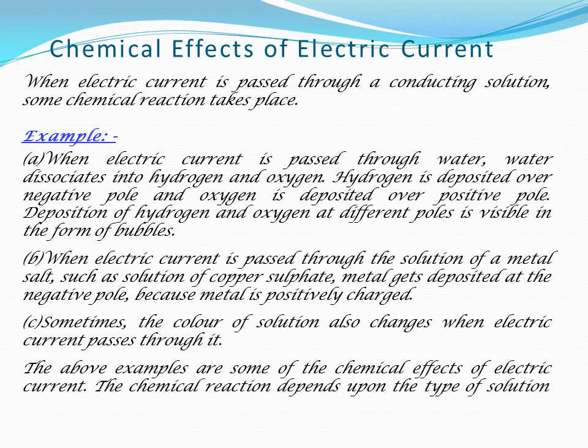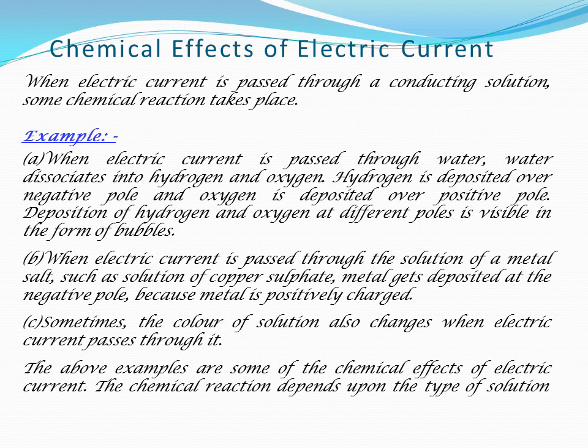First of all, when electric current is passed through a conducting solution, mostly a liquid, some chemical reactions take place. For example, when an electric current is passed through water, water dissociates into hydrogen and oxygen, because water is a compound made of hydrogen and oxygen.